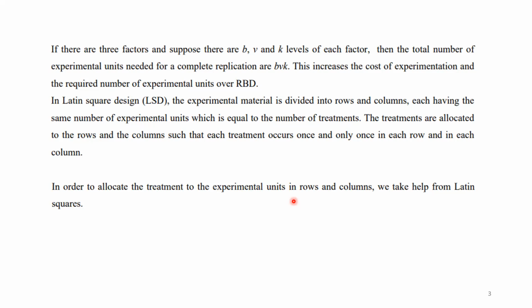As a simple technique to calculate the number of observations, we multiplied the number of treatments, replications, and other factors we were considering. When we considered samples, we multiplied the number of treatments by the replications and by the samples. Likewise, here, considering three factors with B, V, and K levels for each factor, we take the multiplication BVK to calculate the total number of experimental units.